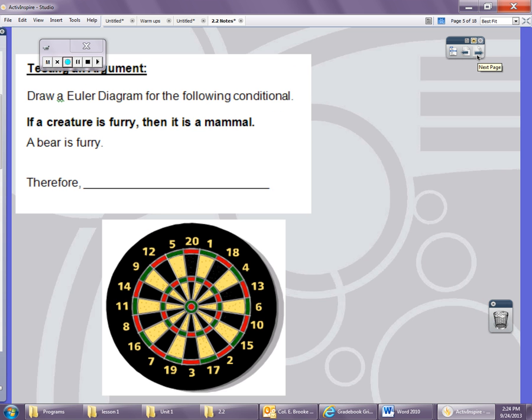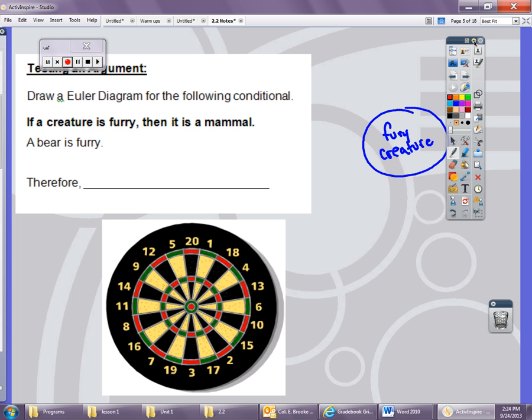Now testing our argument. Alright, it says to draw our Euler diagram for the following conditional. If a creature is furry, then it is a mammal. Well, we start with our hypothesis, our if statement. So we have a furry creature. And this gets our circle.